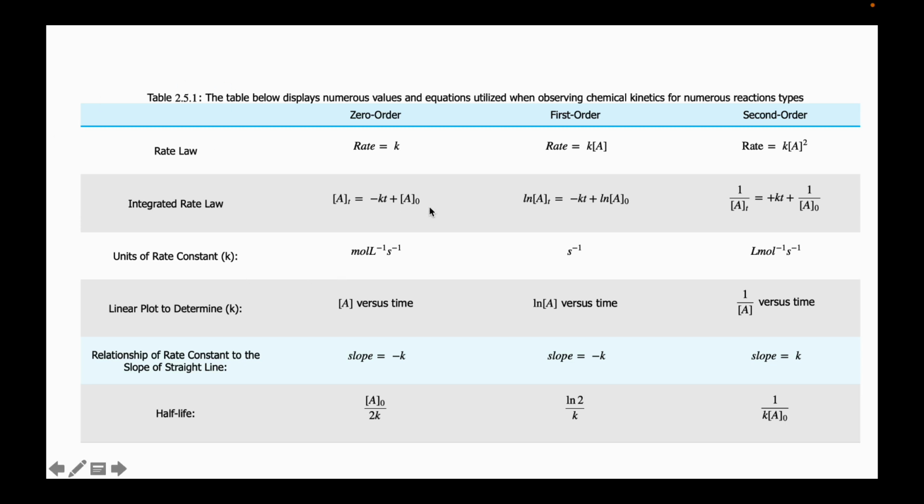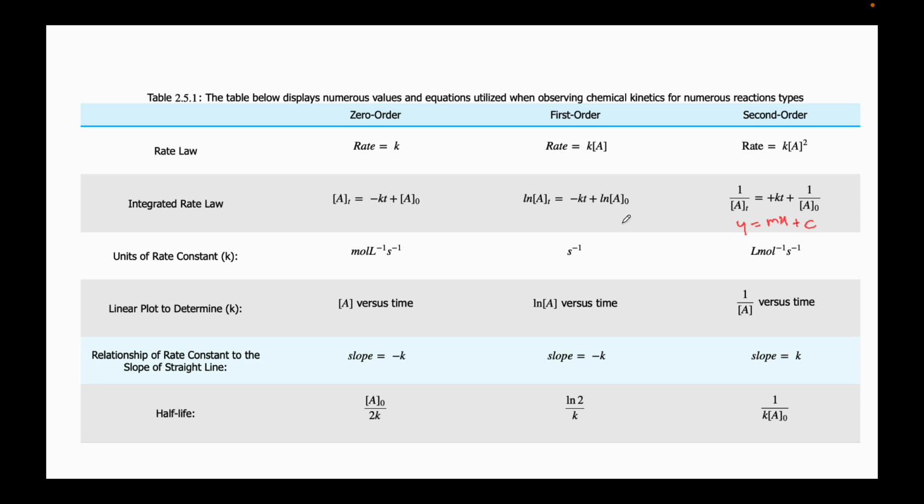These are the various equations used. This is the integrated rate law, which I derived right now. This is the concentration of reactant at time t, y is equal to mx plus c, right? This is what we derived right now, second order.